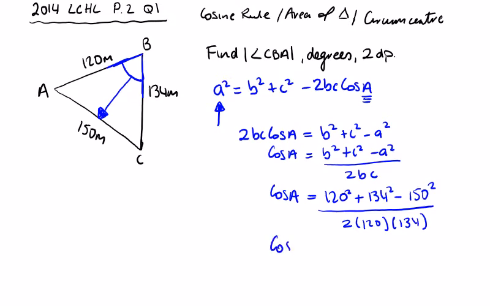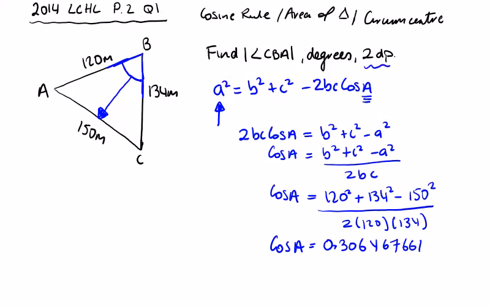So this is giving me the cos of A to be 0.306467, 67661. Well, we don't need this many decimals, but we could round it off, but don't round off too early because it could mess up your 2 decimal places.